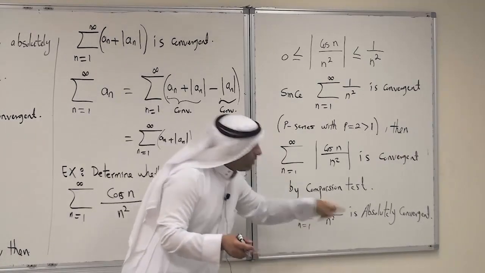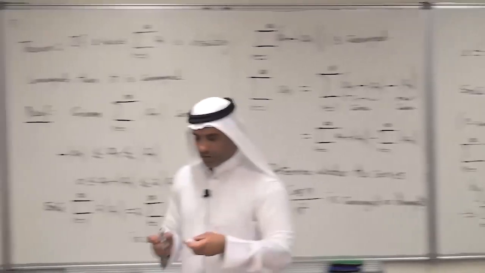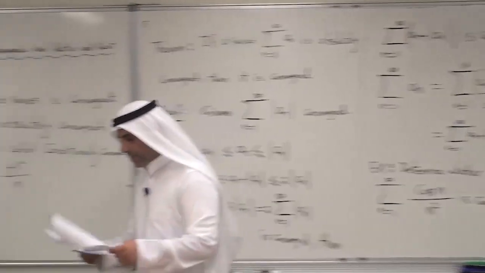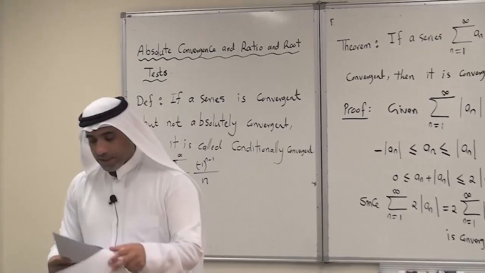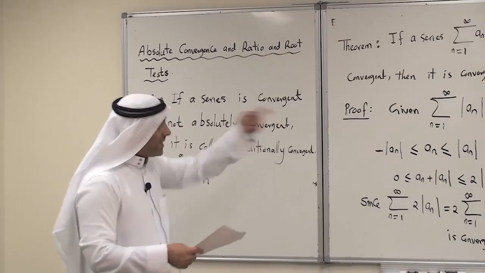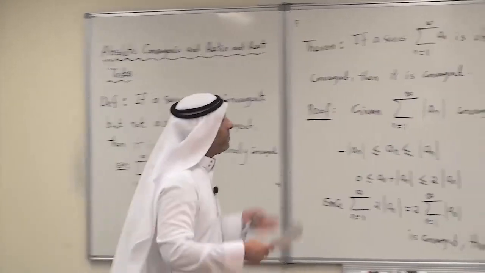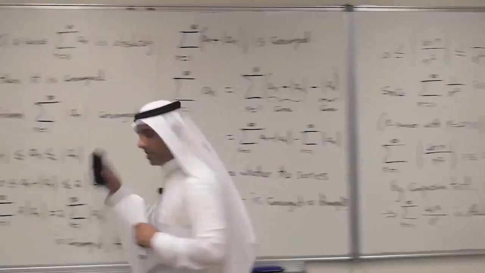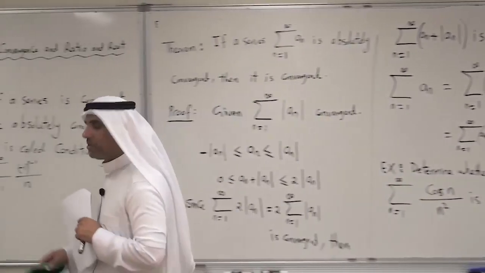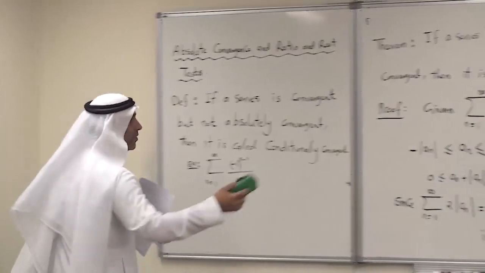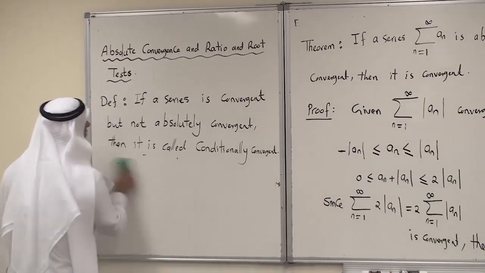Once you write absolutely convergent, by default it is convergent as a result of this nice theorem we have. So that is basically what we mean by absolute convergence, conditional convergence, etc. We'll take another example to have more examples about these terminologies: convergence, absolute convergence, conditional convergence. So let us discuss more examples about these definitions.